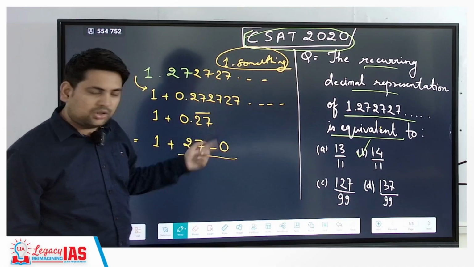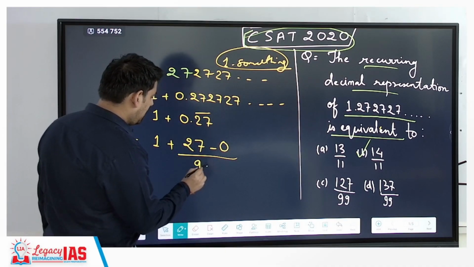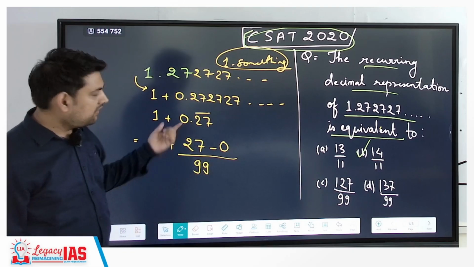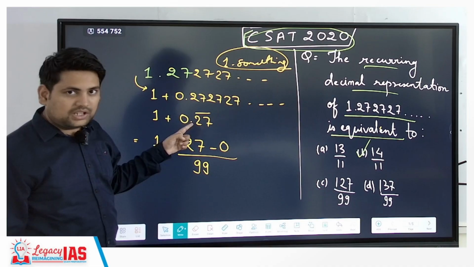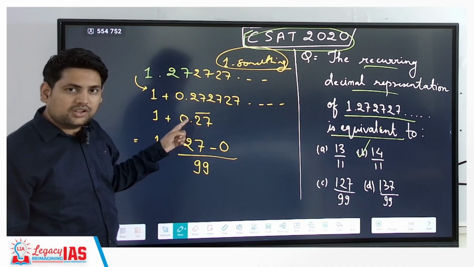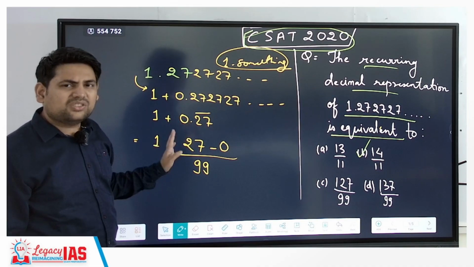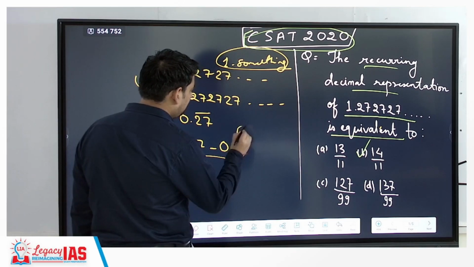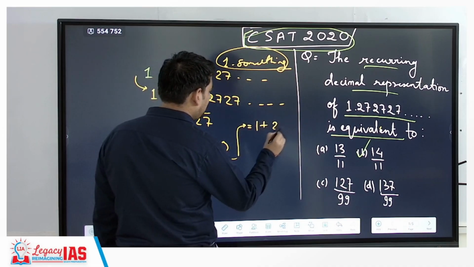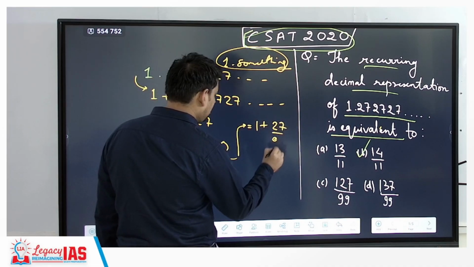So 1 and 2, two nines. Number of numbers which do not have a bar over them after the decimal only, we always see. Is there any such number? No. So leave it as it is. What you get eventually is 1 plus 27 by 99.